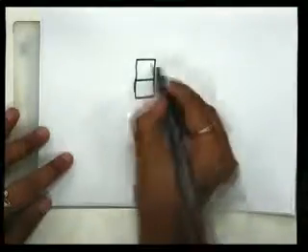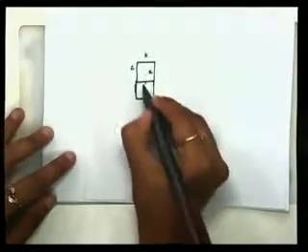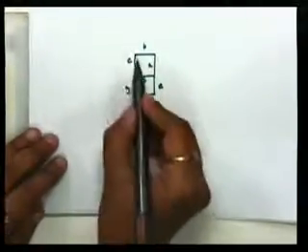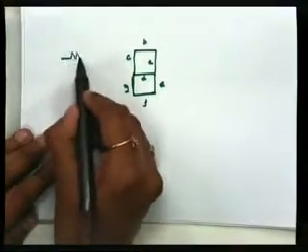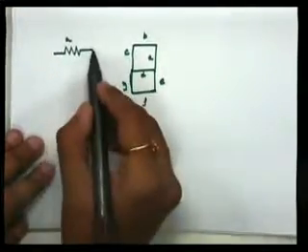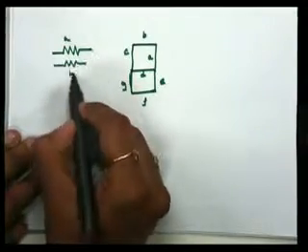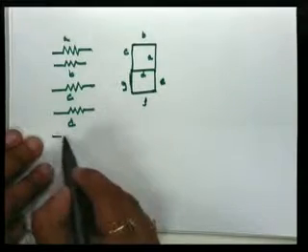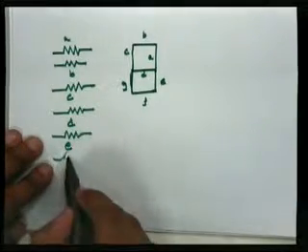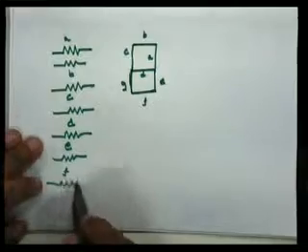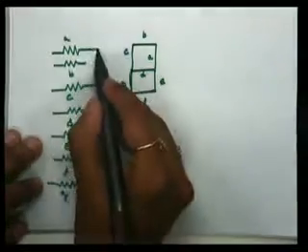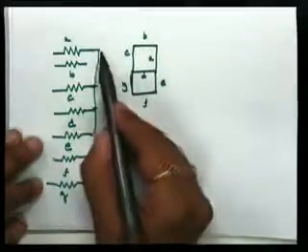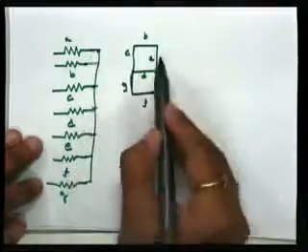So this is A, this is B, C, D, E, F and G. There are 7 segments, and if we connect this with 7 current limiting resistors, this is for A, this is for B, this is for C, D, E, F and G, and this is connected with a common pin which leads this resistance to the A LED.